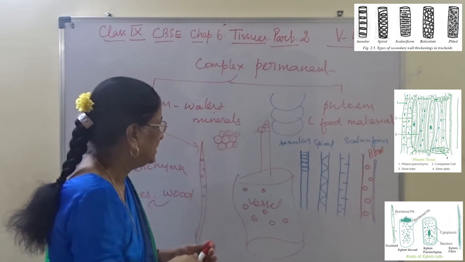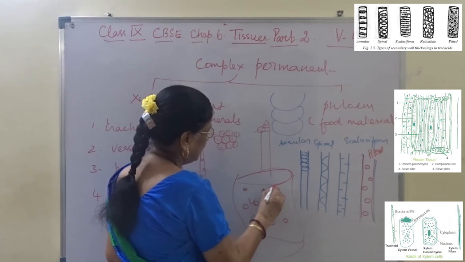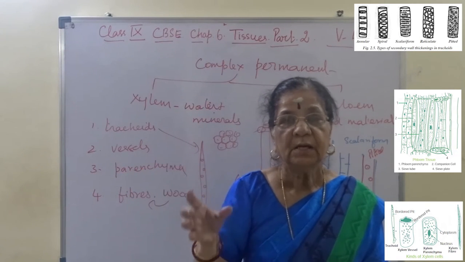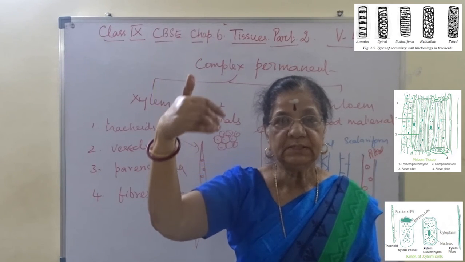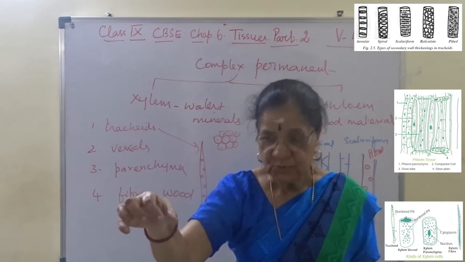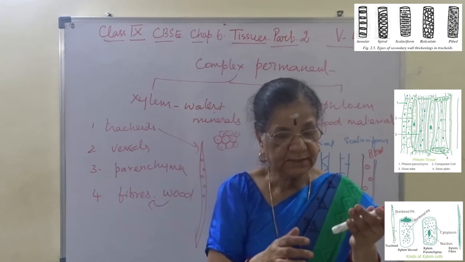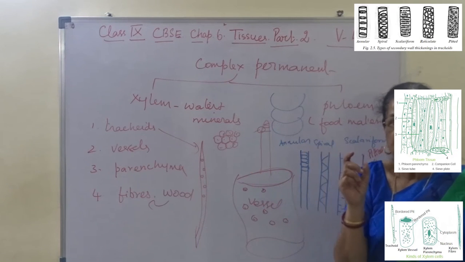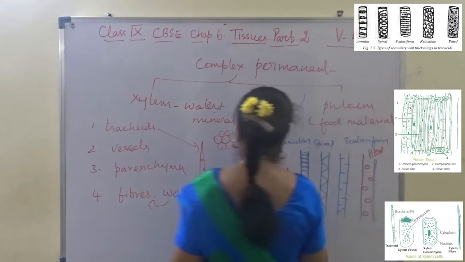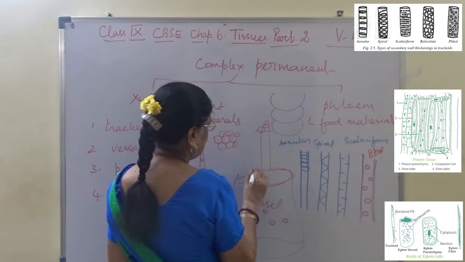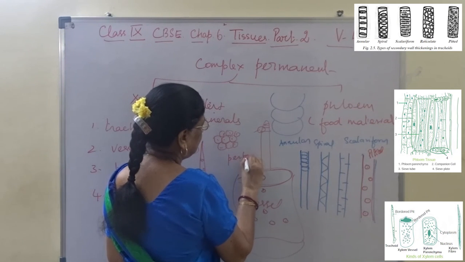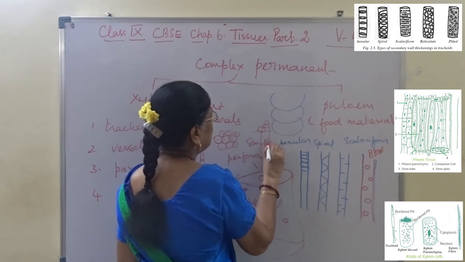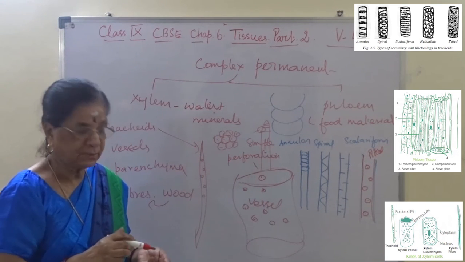At the same time, here there will be a plate. In a multi-storey building there is a pipeline; when it goes from the third floor to the second floor, it is not cut straight, it crosses like this. We do like this. In this there will be one pore, that is called perforation, known as simple perforation.